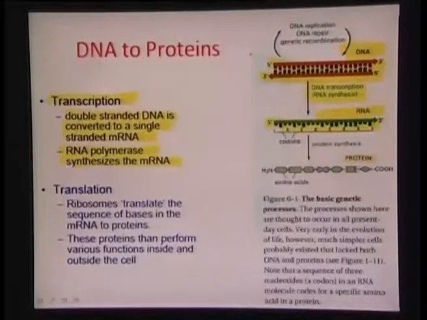So the RNA synthesis is done by the RNA polymerase molecule from DNA to RNA, where a much more compressed code is developed based on reading the DNA molecule. And then you have translation, which is done by these intelligent nanomachines called ribosomes, which translate the sequence of bases in the mRNA to the corresponding proteins, and these proteins then perform various functions inside and outside the particular cell.